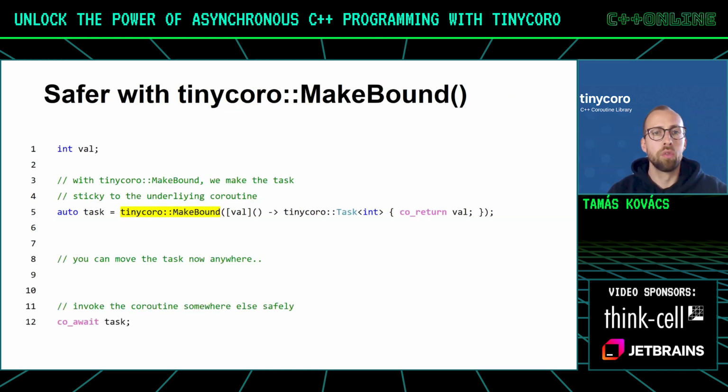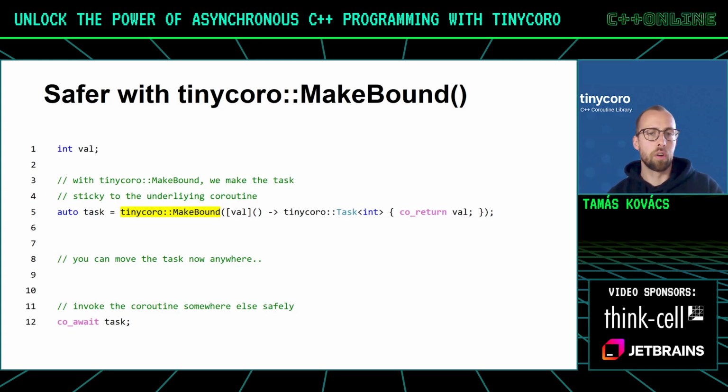But there is another solution for this coroutines and lambda problem: you can use the Tinycoro make bound helper function, which creates for you a special task, which makes the task object and the underlying coroutine sticky. So the underlying lambda will be copied into your task object, and therefore you can move your task everywhere in your code, and you can correlate it later.